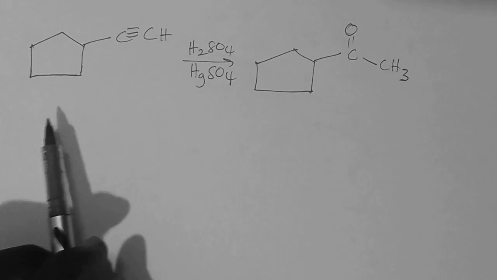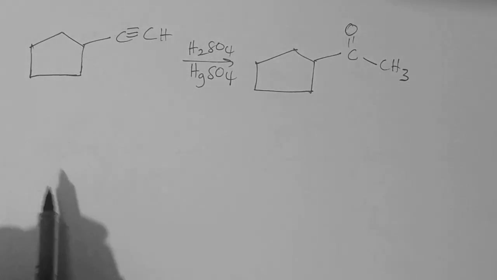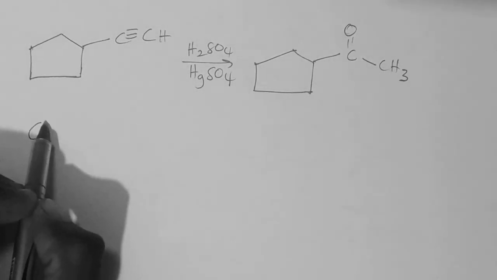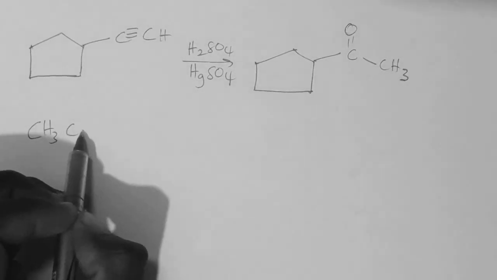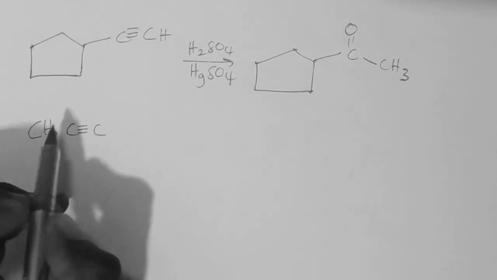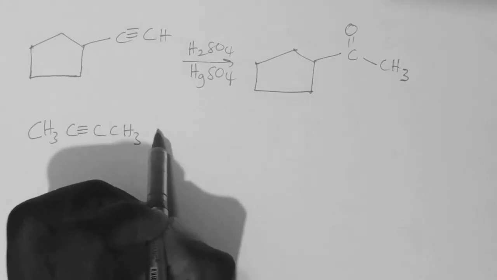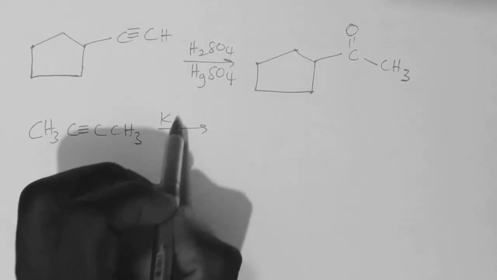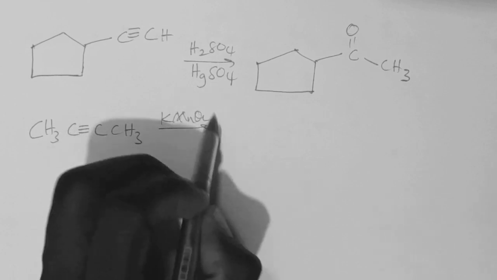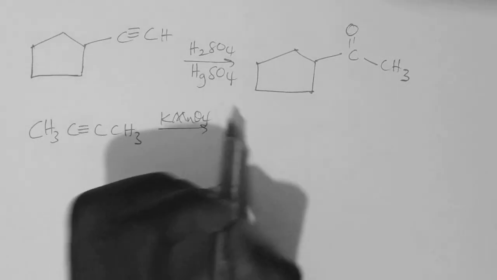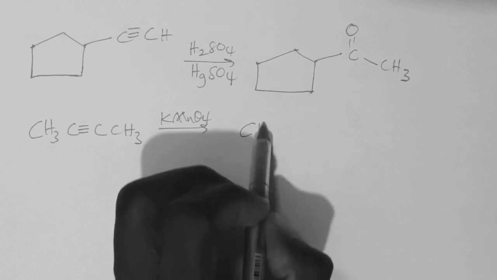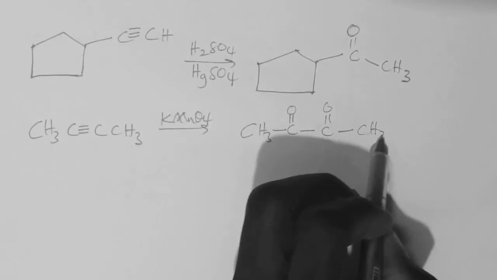And let's talk about oxidation of alkynes. If you have an alkyne and then you put potassium permanganate, then you are going to form a diketone in solution.